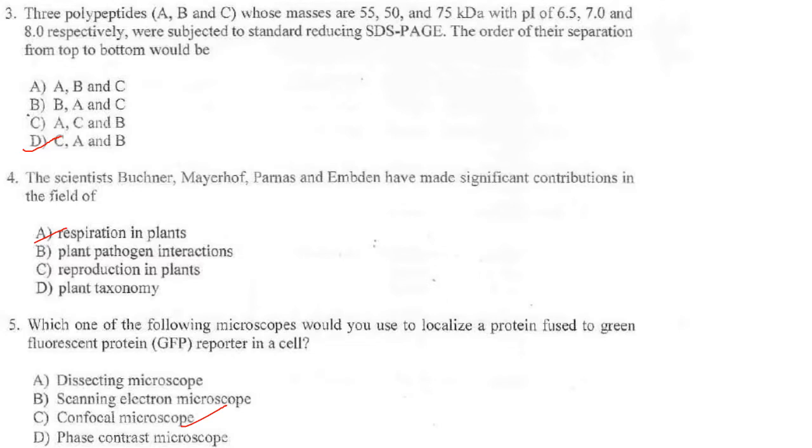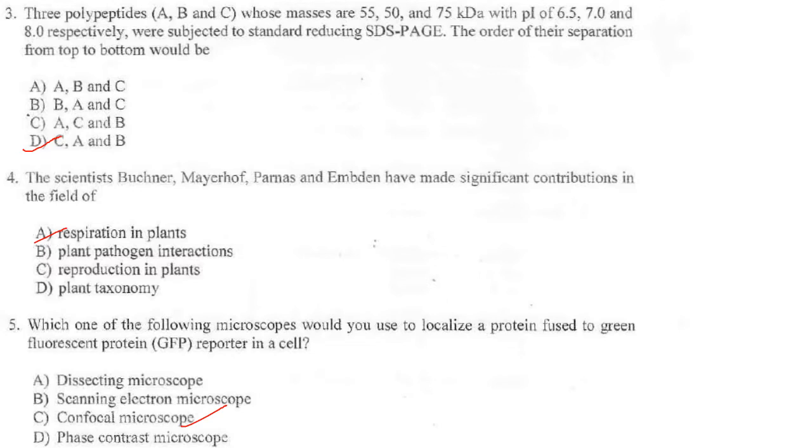SDS is an ionic detergent and it will bind to the protein to make them uniformly negatively charged. They have asked from top to bottom, so the top one will be the one with maximum molecular weight. So it is C, that is 75 kDa.